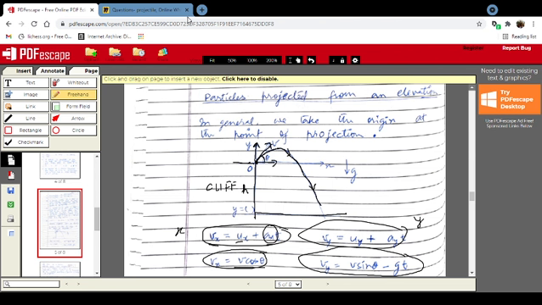And one good thing we learn in this topic is that even after the body crosses this particular point, the motion from O to A looks like a normal projectile motion, but even after the body continues its journey after A, it will follow these two equations.